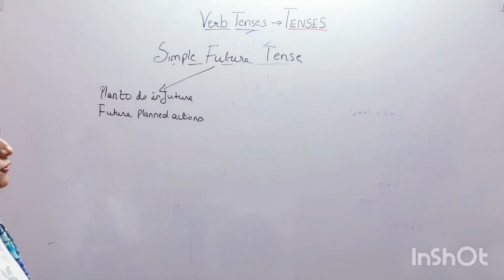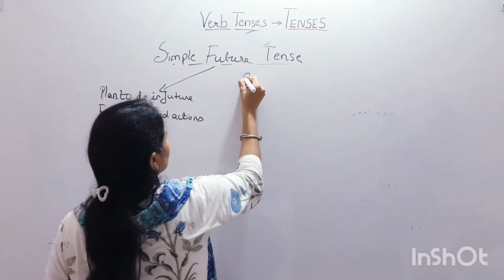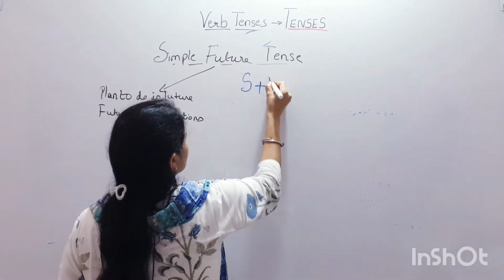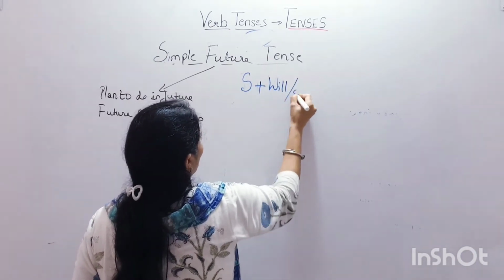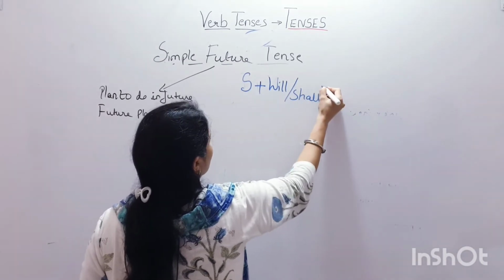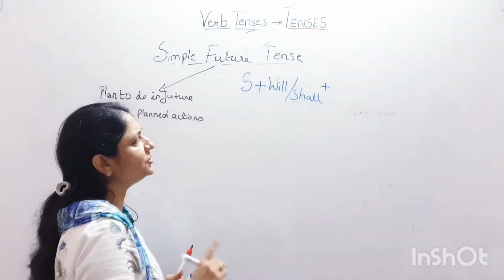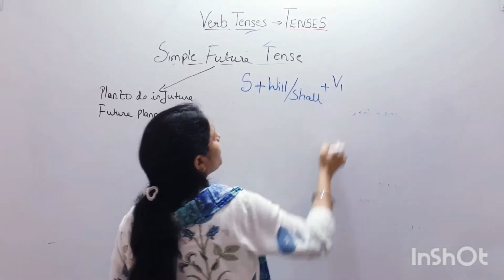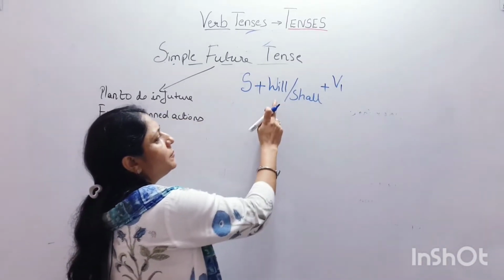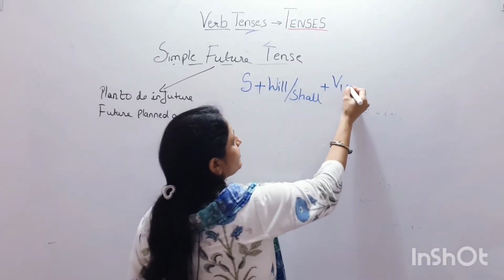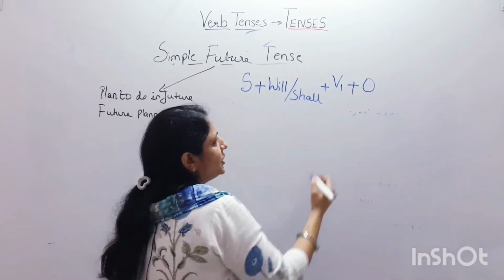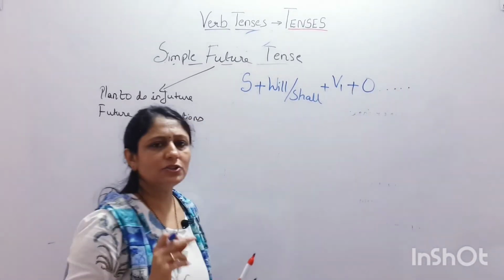The formula for simple future tense is very simple. It is subject plus will or shall plus V1. With will or shall you always use V1. Subject plus will or shall plus V1 plus object, and then it is your choice.